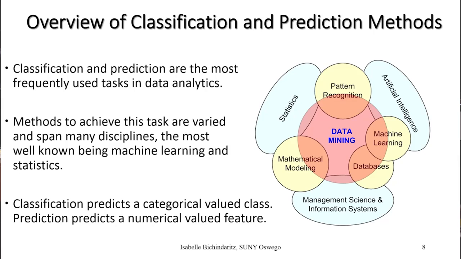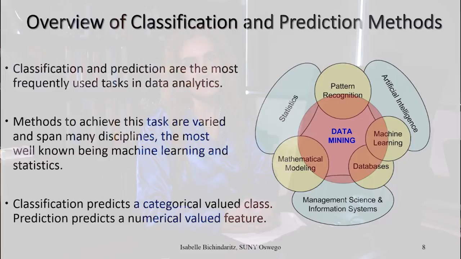Because there are many of these and new ones are created every day, I'm mostly going to give a basis of the main categories, and of course understand that this evolves every day. Classification and prediction are the most frequently used tasks in data analytics. Everybody wants to predict the future.